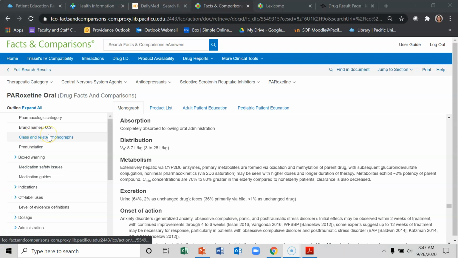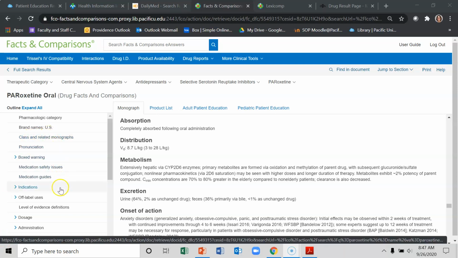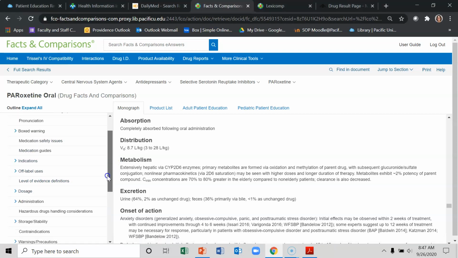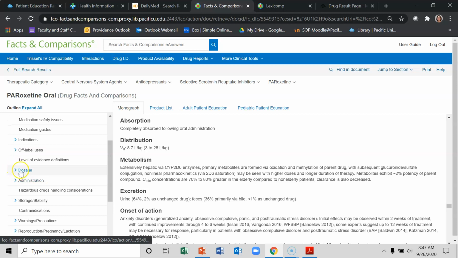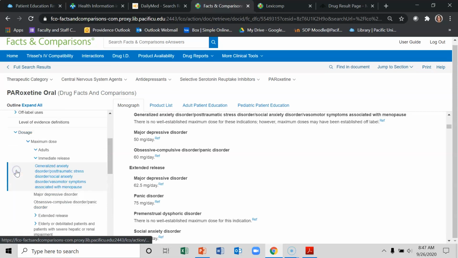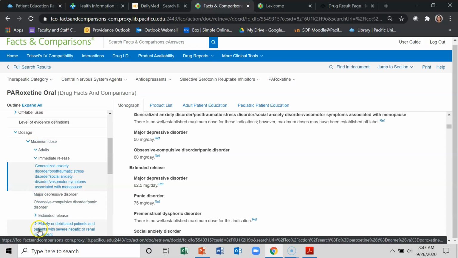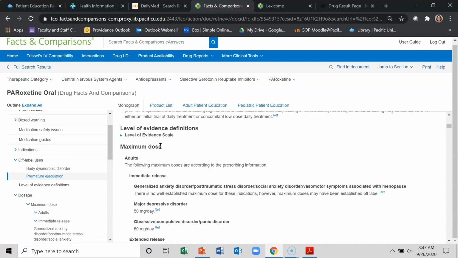So again, in your left nav, before we were looking at indications and off-label uses, but in Facts and Comparisons, the section you will want to go to is called dosage. And again, you can expand it here to get a sense of what information is there. But essentially, the way most of these monographs are organized for dosing is they will have headers for the large patient population.